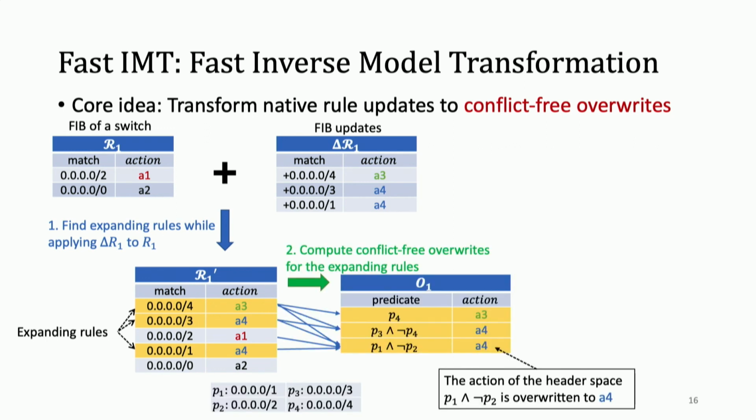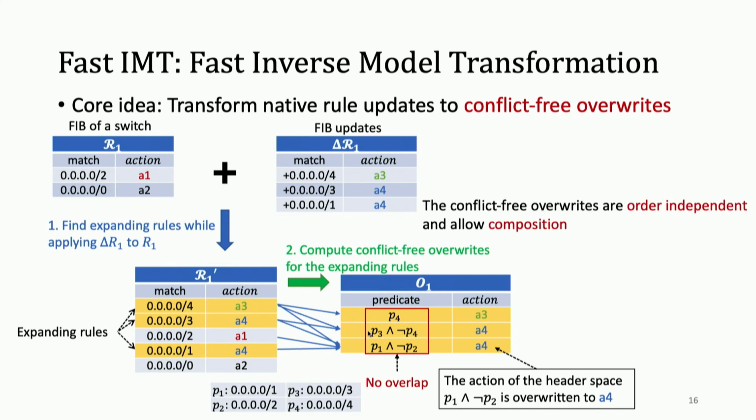The next step is that we need to compute a set of conflict-free updates from the expanding rules. We call them conflict-free overrides because they do not overlap with each other. So in this example, predicate P4 and action A3 is a conflict-free override because there is no other rule that goes over its priority and has a different action.